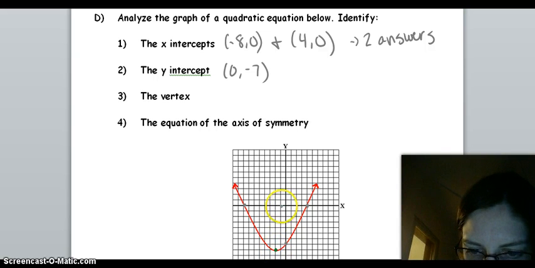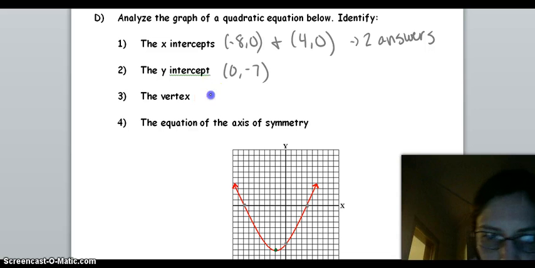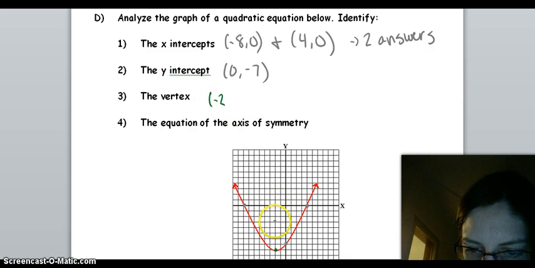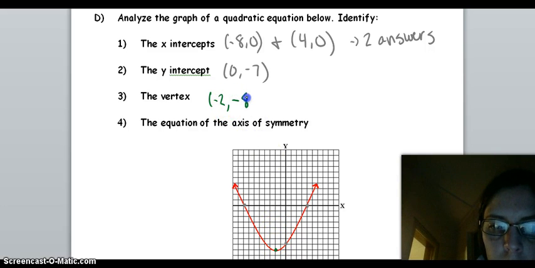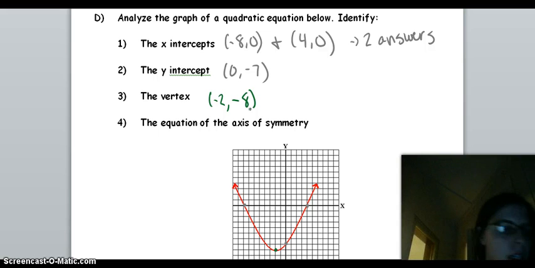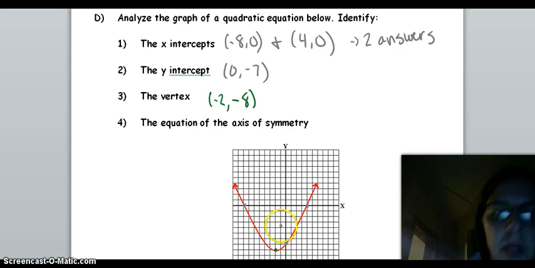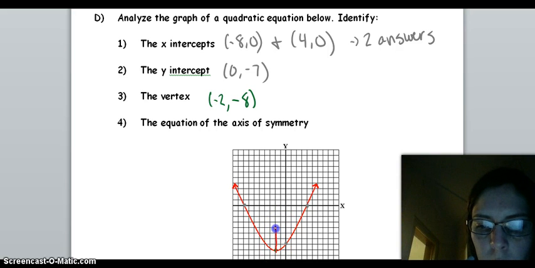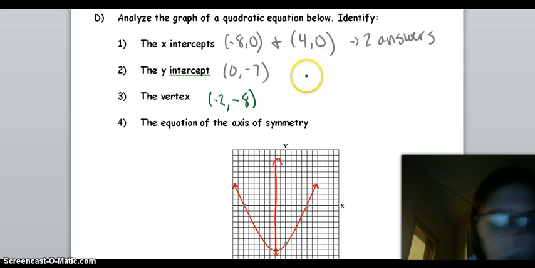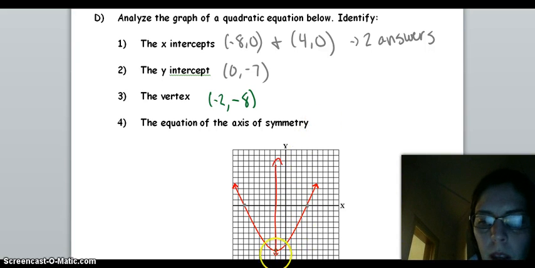I'll put my vertex in green, which happens to be down here. So let's count that spot. We have go over -2 and down 1, 2, 3, 4, 5, 6, 7, 8. So -2, -8 is where my vertex is. And if I want to know where the line of symmetry is, it's right here. And it crosses the x-axis here at -2.